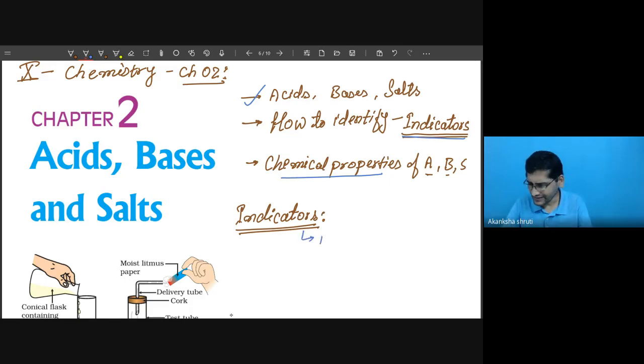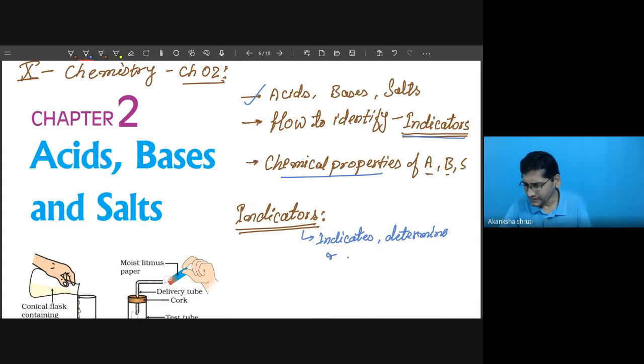So it indicates, or determines, or detects, or identifies, all mean the same thing.